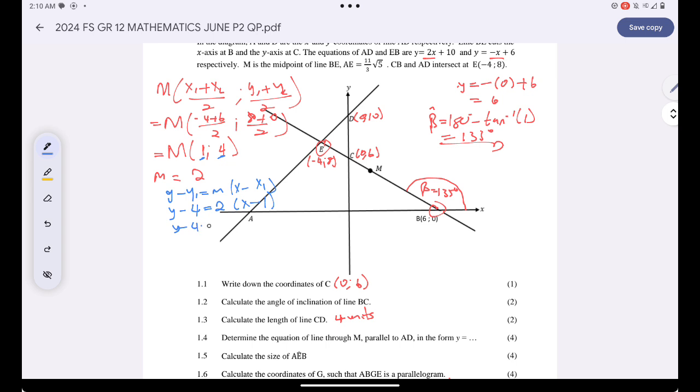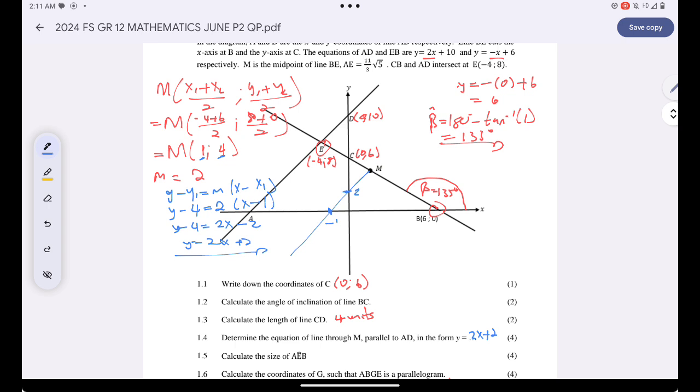I have y minus 4 equals 2x minus 2, then y is 2x plus 2. So that line will pass through 0 and 2, and negative 1 and 0. So y is equal to 2x plus 2.